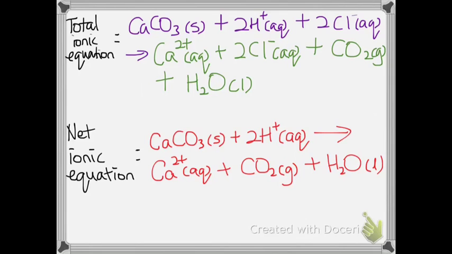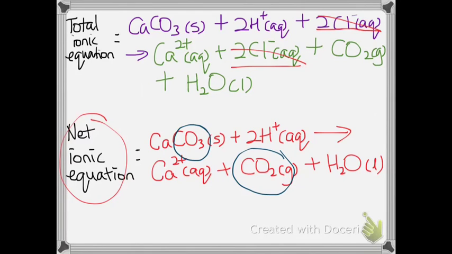But does this look a little funny to you? The only spectator ions that we will cancel out are the chloride ions, because only the chloride ions appear as they are in the reactants and the products, and therefore they will be struck out. And this is the net ionic equation. But does this look a little funny to you? Here, in the net ionic equation shown here, the carbonate is actually turned into carbon dioxide.